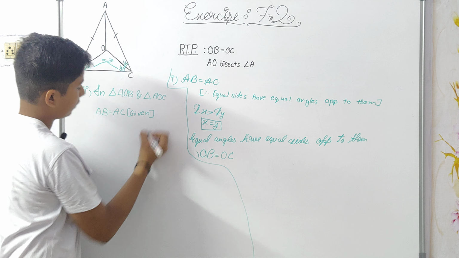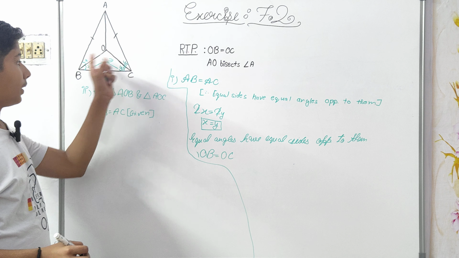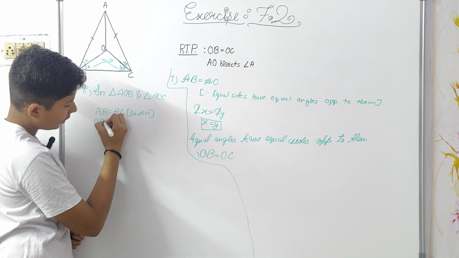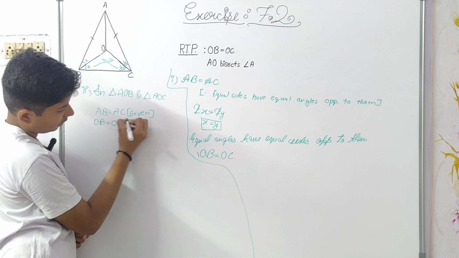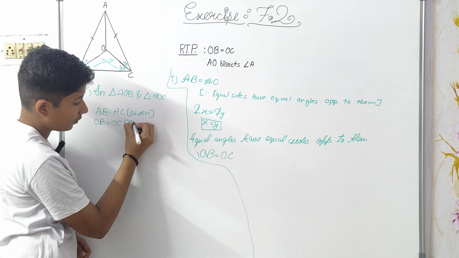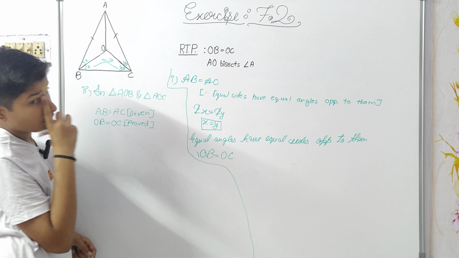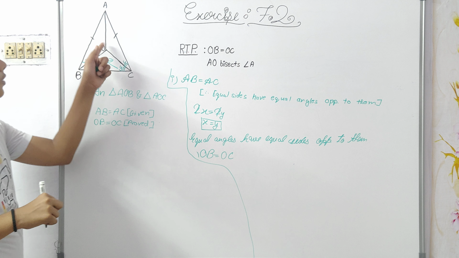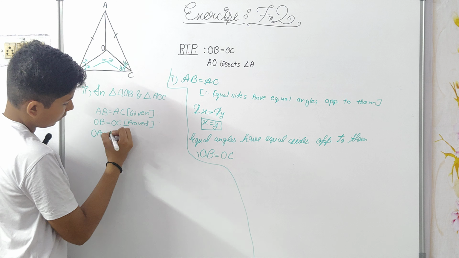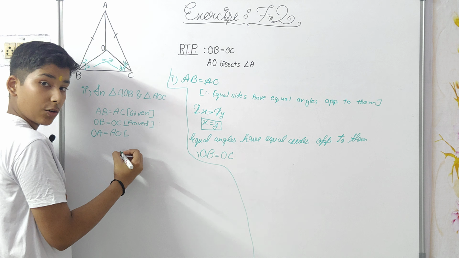Already given. Now, we write OB equals OC, and here, already proved. Now, at last, OA equals AO, and in bracket, a common side.